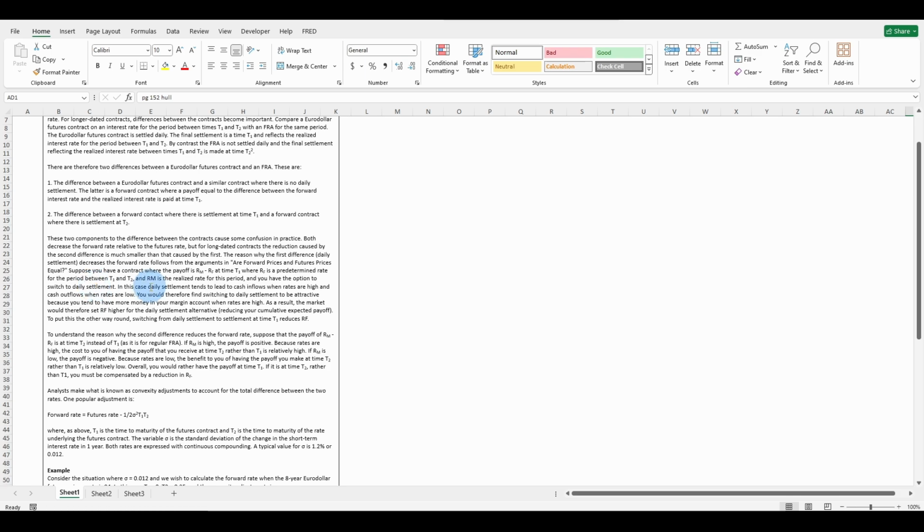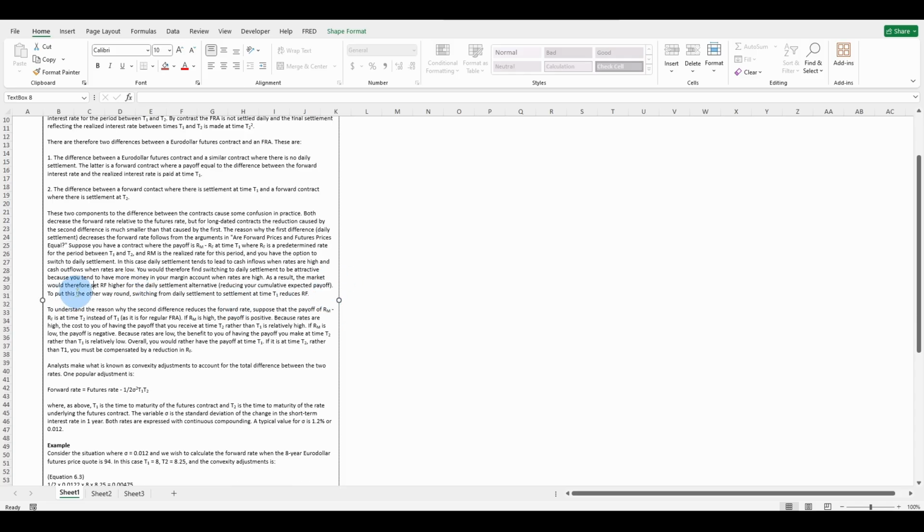In this case, daily settlement tends to lead to cash inflows when rates are higher and cash outflows when rates are low. You would therefore find switching to daily settlement to be attractive because you tend to have more money in your margin account when rates are high.